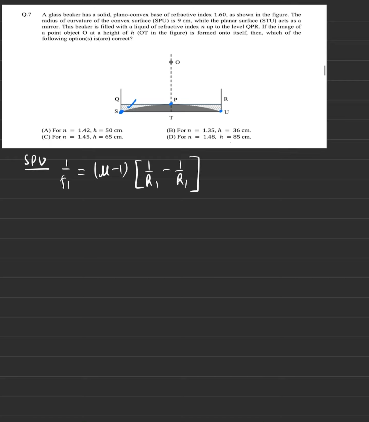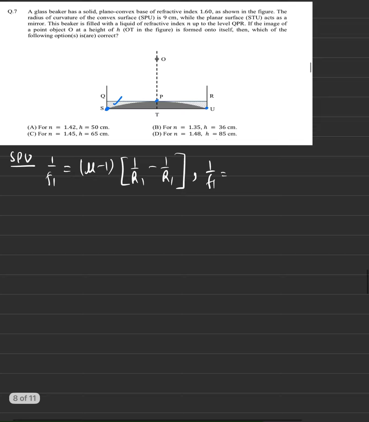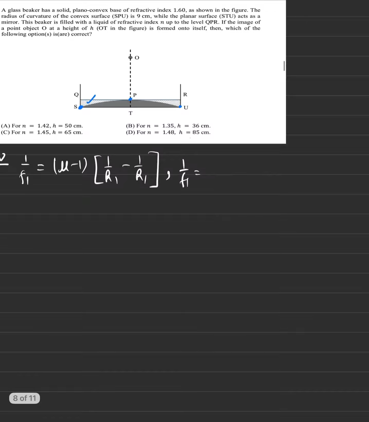So 1 by f1 is mu, the value of mu is given as 1.60, and the refractive index of the liquid is N. So the value of mu is 1.60, minus 1, times 1 by r1.